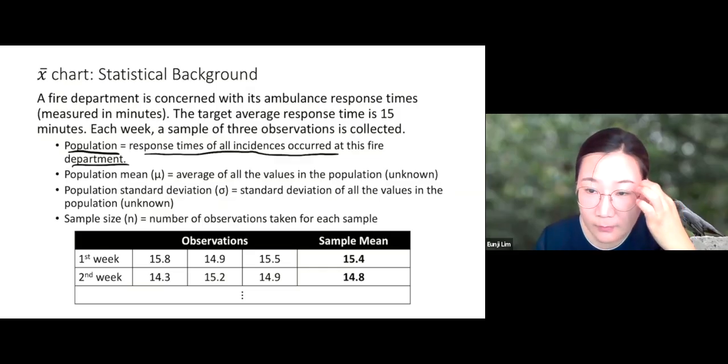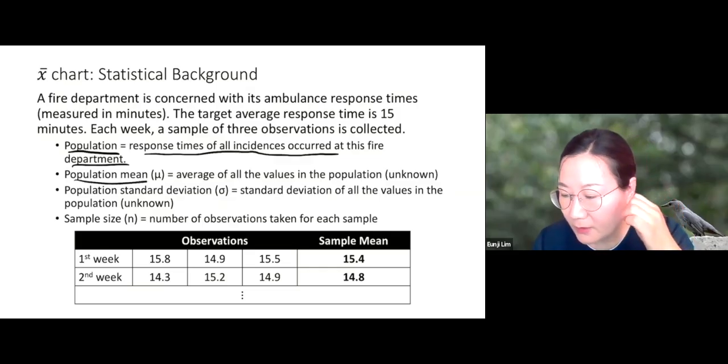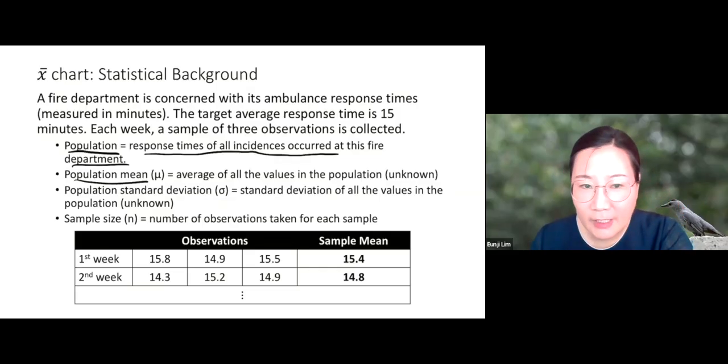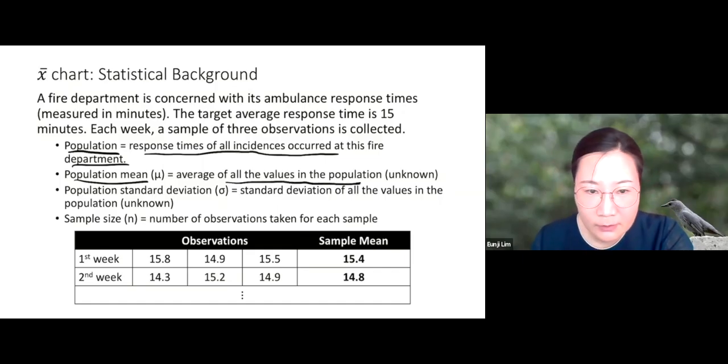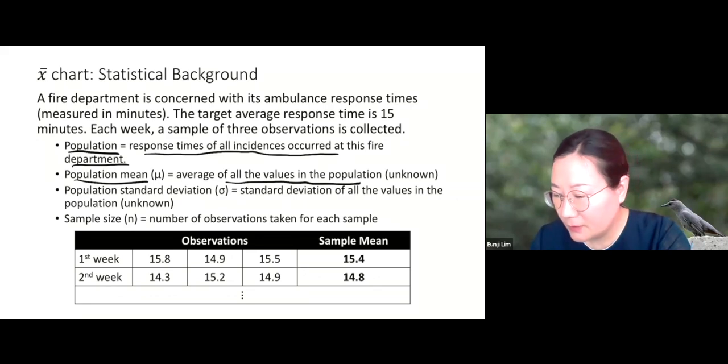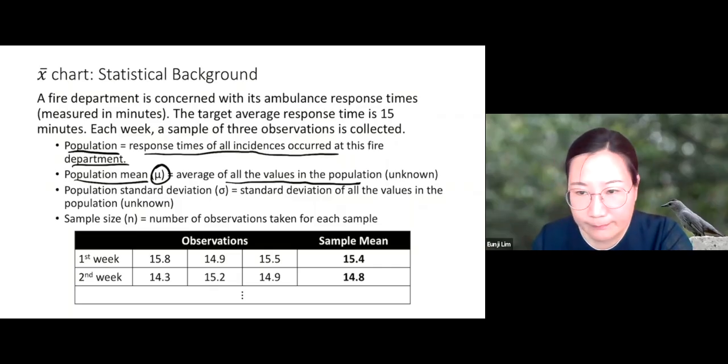And we have a term called the population mean, and this is the average of all the values in the population. In this case, the population mean is the average of all the response times in this fire department. So now, which notation do we use for the population mean? Mu. Now, is this quantity known to us?